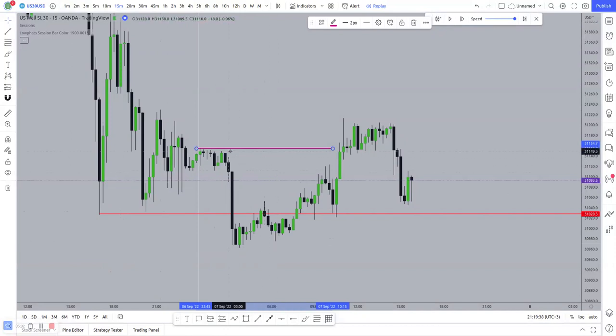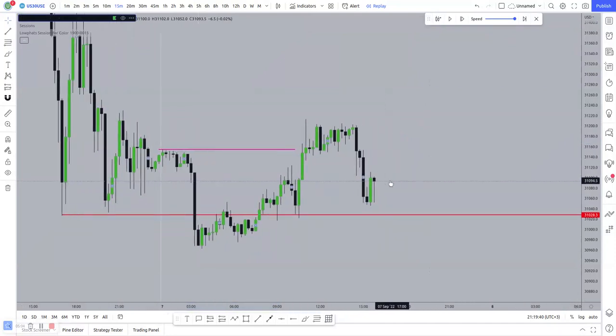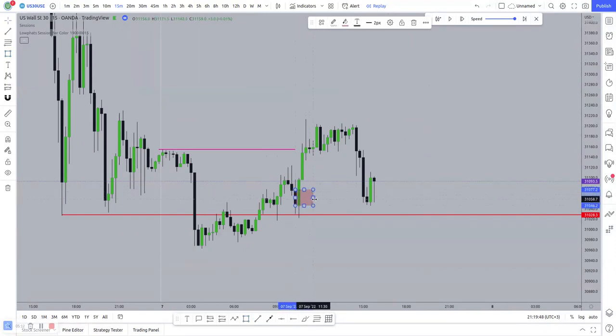A break in structure, that is two. And because we are a few minutes away from the equity open, we have an order block. We have this order block that broke this structure. So we have a bigger structure that has been broken, and a substructure, a mini structure, that has been broken as well. So that is a good confirmation.